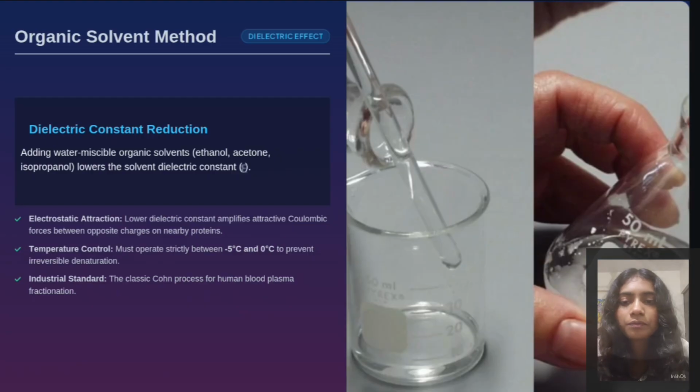Next up, we have organic solvent precipitation using miscible solvents like ethanol, acetone or isopropanol. How does this work? Adding an organic solvent lowers the solvent's dielectric constant. A lower dielectric constant amplifies the attractive coulombic force between opposite charges on nearby proteins, causing them to pull together.